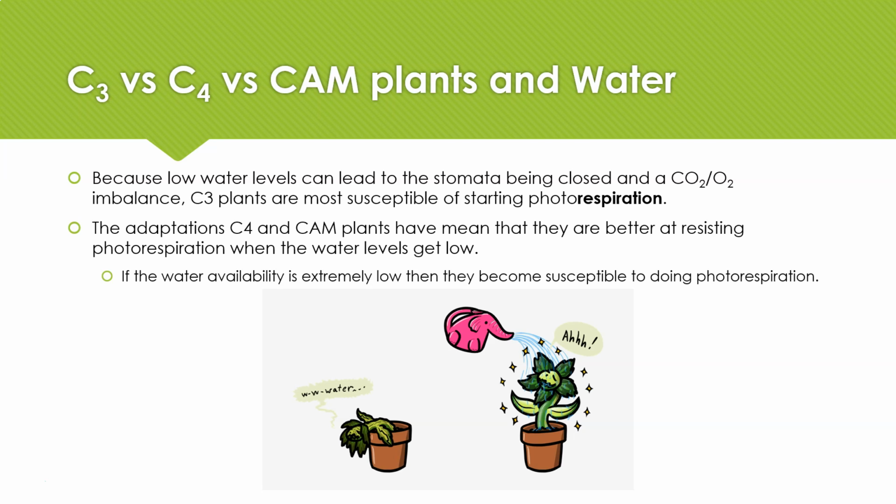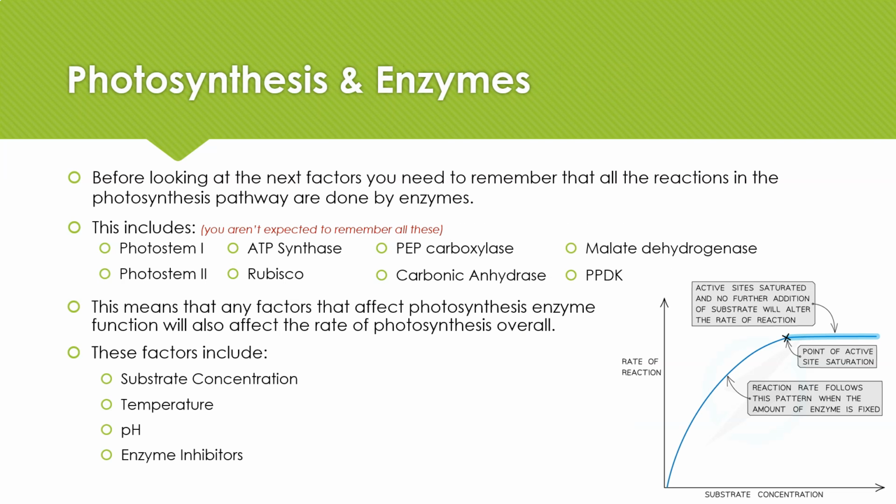So that is how plants deal with changes in what are essentially substrate concentrations. But there are other things that can happen, and this is where you need to remember that photosynthesis is being catalyzed. All these reactions are occurring because of the action of enzymes, and there's heaps and heaps of enzymes at play. You've got photosystem 1 and 2, ATP synthase, rubisco, PEP carboxylase, carbonic anhydrase, malate dehydrogenase, PPDK.